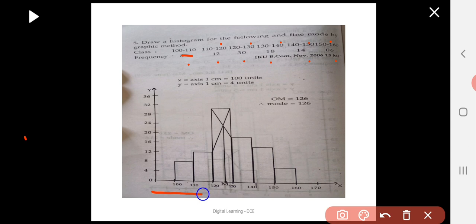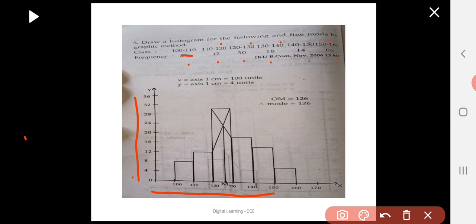So we plot on the x-axis and y-axis. On the x-axis we plot the class intervals, 1 centimeter equal to 100 units, and we have taken frequency on the y-axis, so 1 centimeter equal to 4 units.